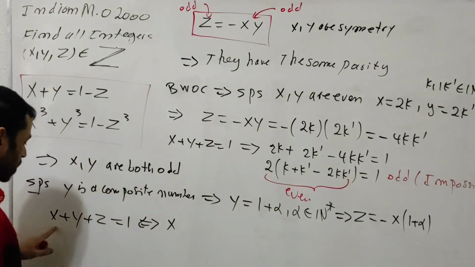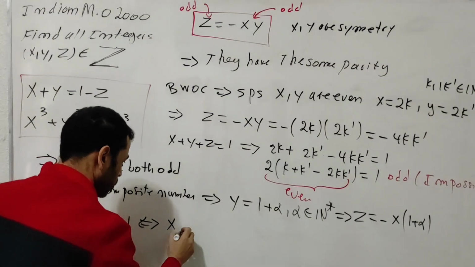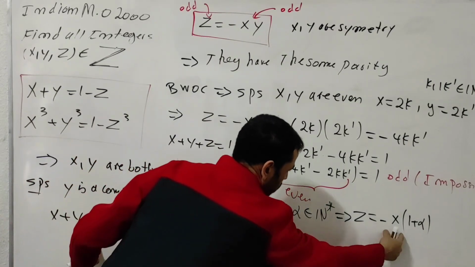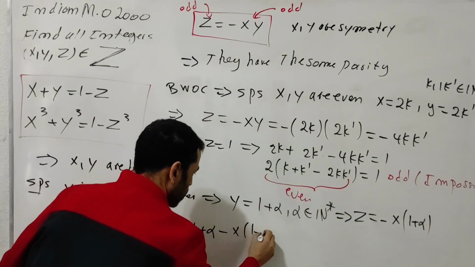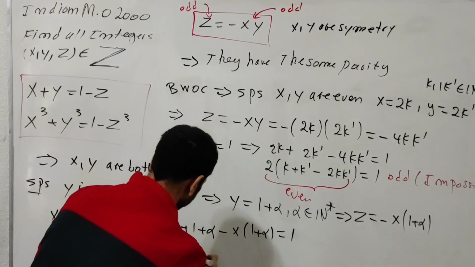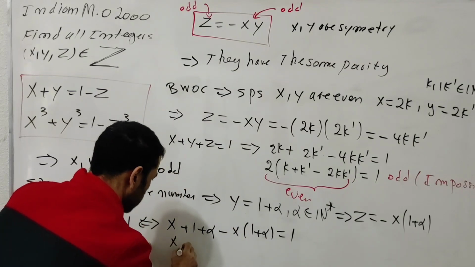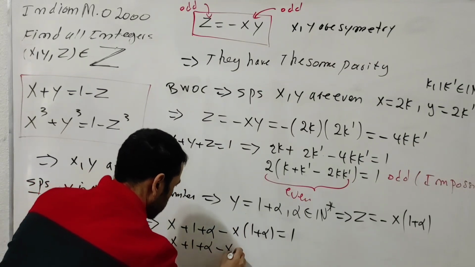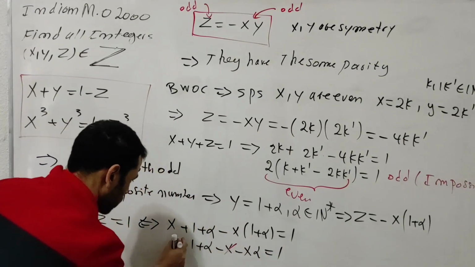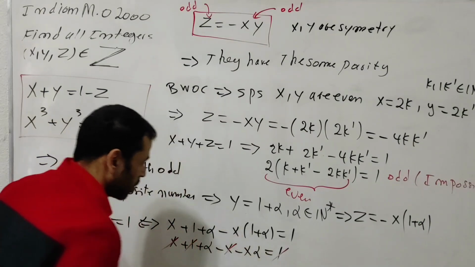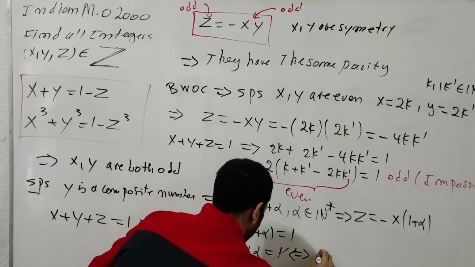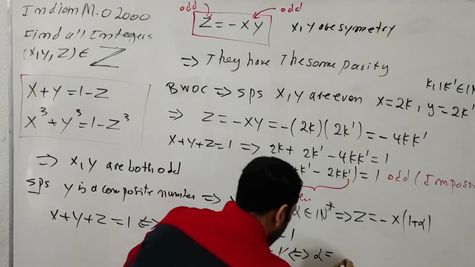I leave x as it is, replace y with 1 plus alpha, and replace z with minus x multiplied by 1 plus alpha, equals 1. Distributing, we have x plus 1 plus alpha minus x alpha equals 1. x will be eliminated, and 1 will be eliminated from both sides. I end up with the expression alpha equals x alpha.